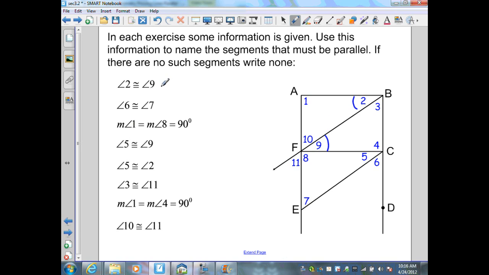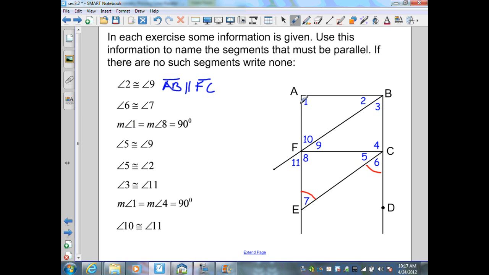And the other two segments that form them are AB and FC. By the converse of the AIA theorem, these two segments are parallel. Next, angle 6 and angle 7 are congruent. First, let's determine if there's a transversal. Our transversal is EC, that helps form both angles.